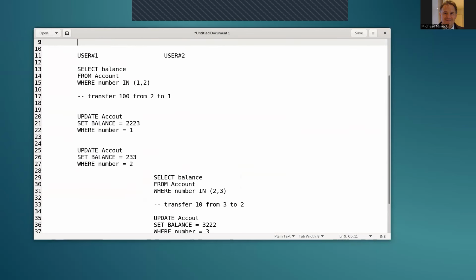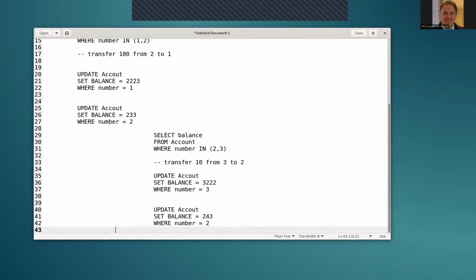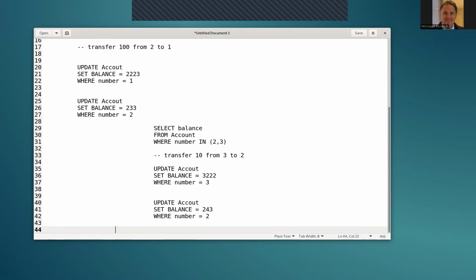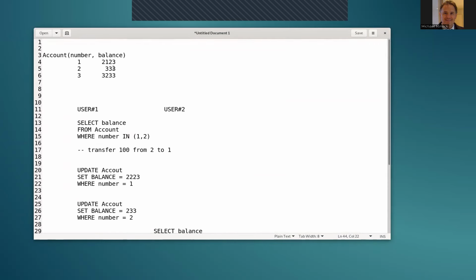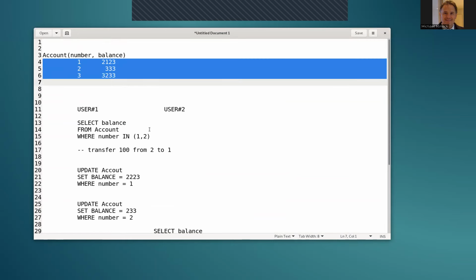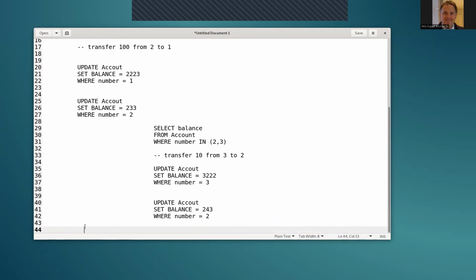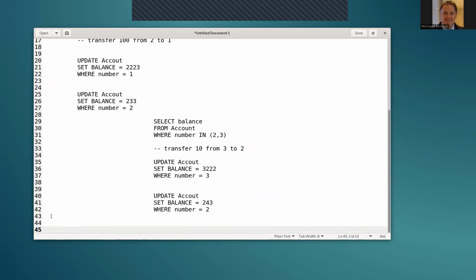Okay, anyways, the ending results here are going to wind up being, I mean, what's the ending result of the database at the end of all this? This is the starting database, and then the ending database, we can figure it out here.